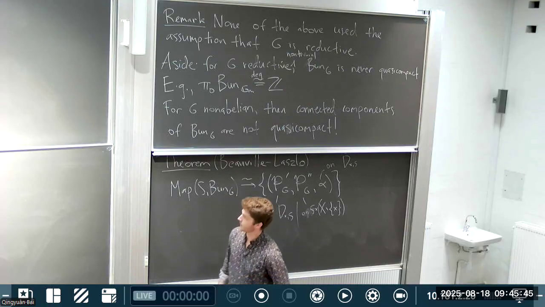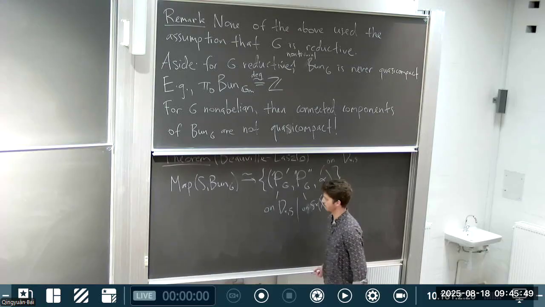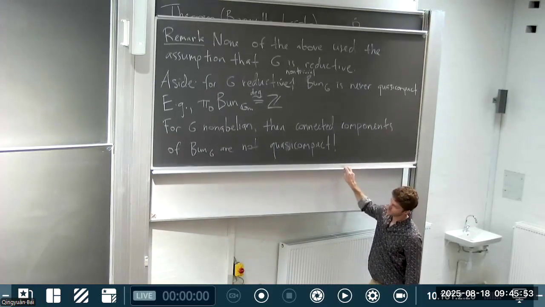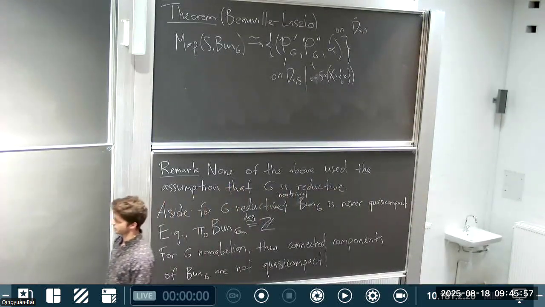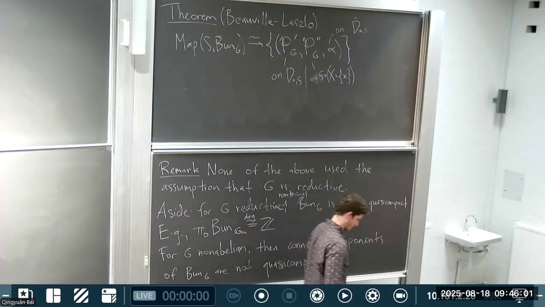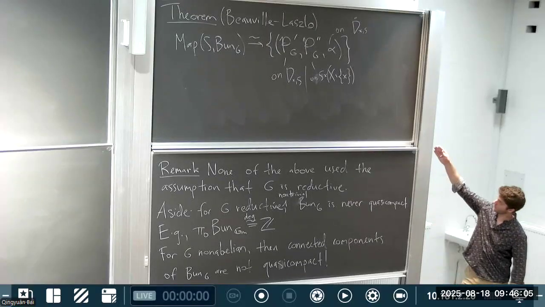So I still need to talk about Hecke modifications. So I'm going to define another stack. Now the idea here is because I can specify a G bundle in this manner, I can actually modify a G bundle using this kind of local description.